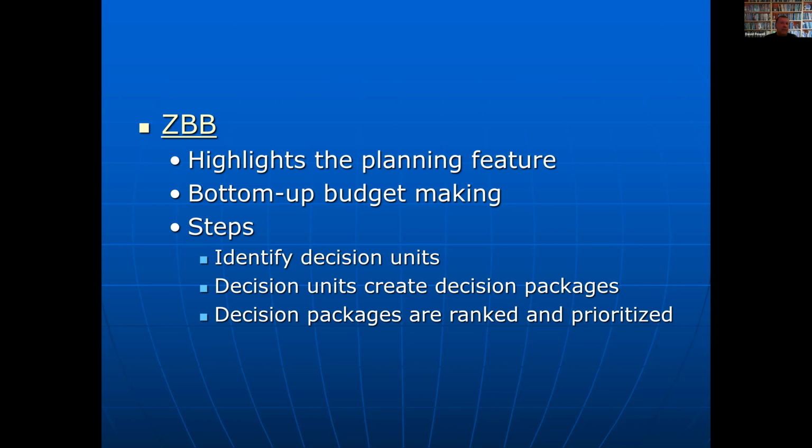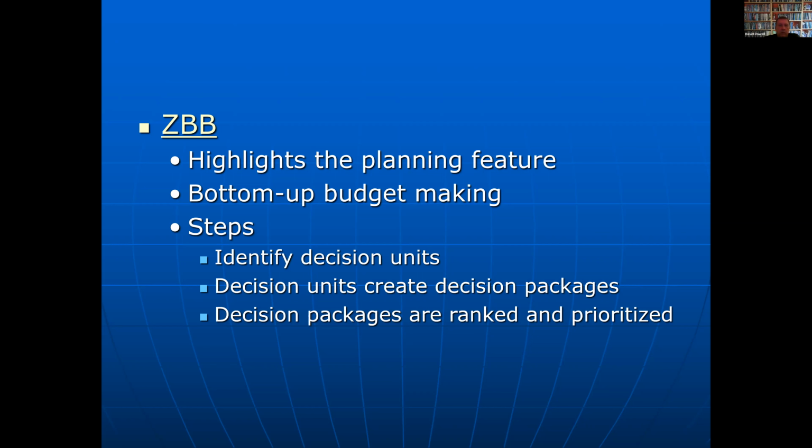But imagine the amount of paperwork and the amount of time and energy it will take to put together hundreds and sometimes even up to 1,000 different decision packages. In the state of Virginia, each decision package is anywhere from 40 to 50 pages in length because there are narrative justifications written for each one of the scenarios in each one of those decision packages. So it's just an immense undertaking.